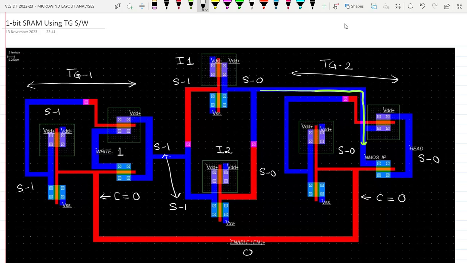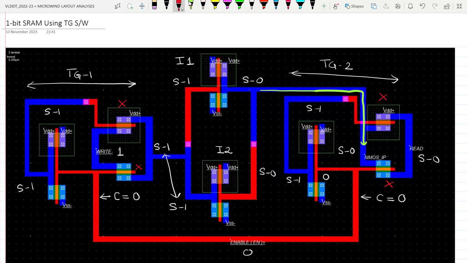Strong 1 goes here and this NMOS becomes off. For C equal to 0, this NMOS is also off. Here again, for C equal to 0, this NMOS is off. C equal to 0 translates here as strong 1. Again, this NMOS is off.